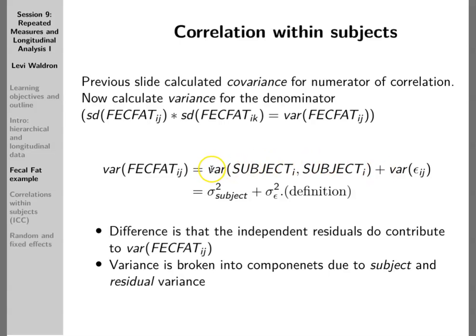So we can break that up into the variance of the subject variables times the variance of the residuals, and just write this out as squares of standard deviation. So we've just broken down this variance of our outcome variable into subject variance plus residual variance.